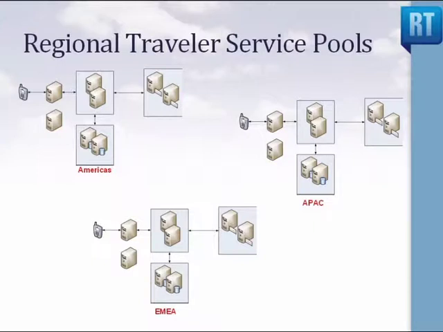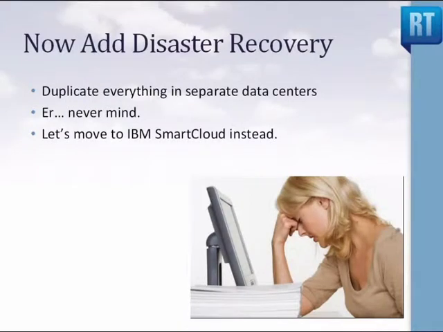So now we have where we had one, we have several. And, oh, by the way, let's talk about disaster recovery. You really ought to have it. You really need to duplicate everything in separate data centers. And now we're really talking big time.